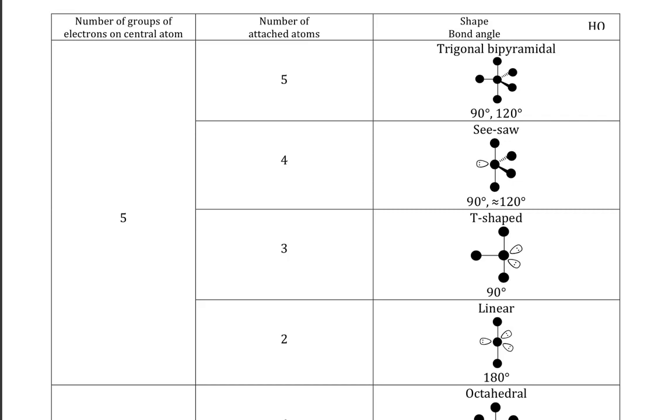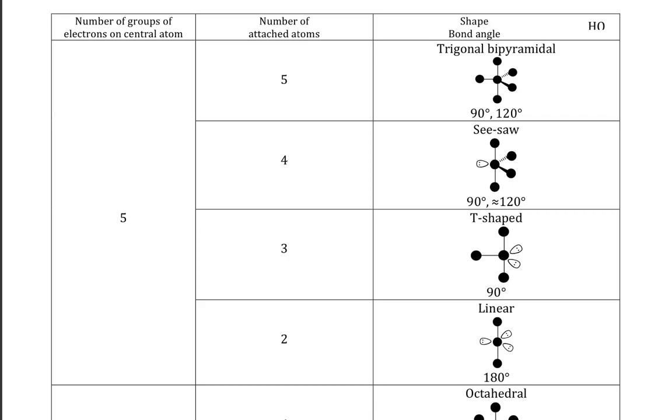So imagine we have an atom, and then in a plane, draw an atom to the left, draw an atom to the right, a little behind it, draw an atom to the right, a little in front. So that's a plane right there. It's a triangle with the central atom in the very middle of it. Now, put an atom above the central atom and an atom below the central atom.